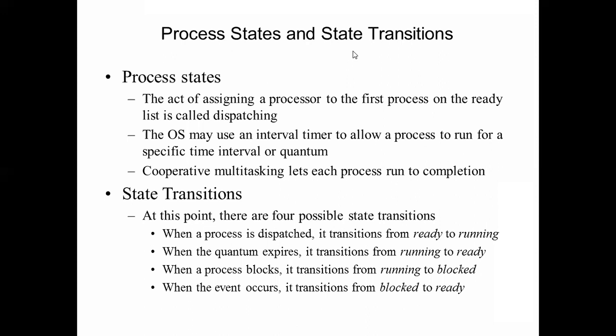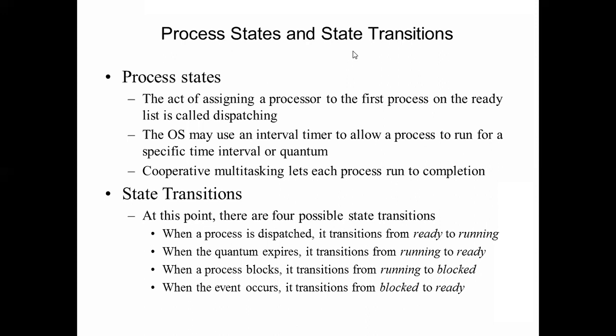Now there is the condition of blocking. If the process blocks, then it transitions from running to blocked state. So there are the ready state, running state, and blocked state.